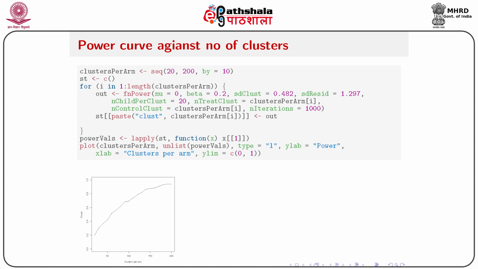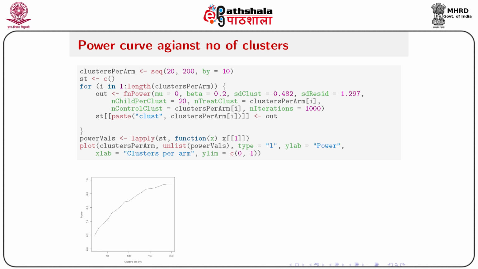The cluster per arm is plotted against the power variable, with the y label and x label as shown, from 0 to 1, and this is the power function.